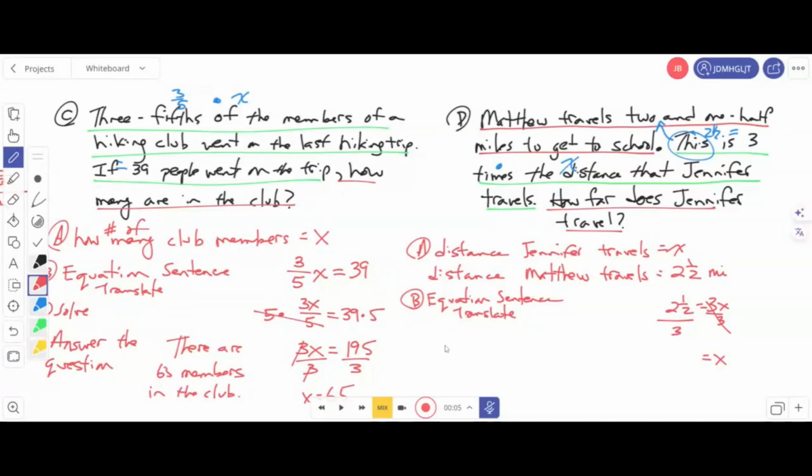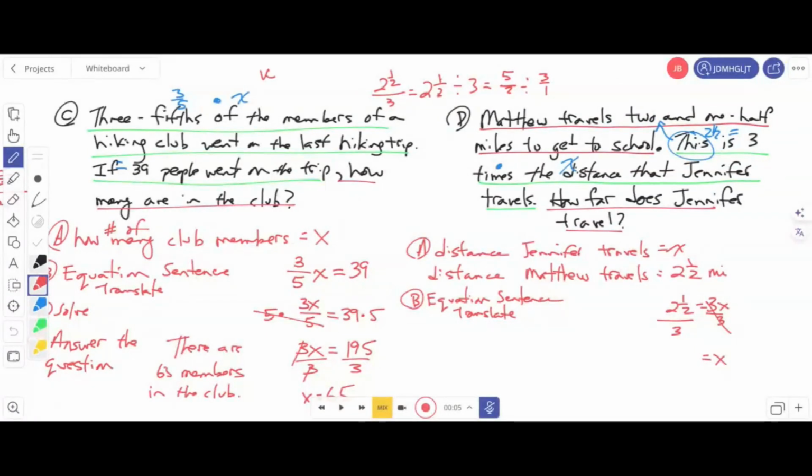I can either do that arithmetic, or since we're dividing fractions or mixed numbers, we have to change this to an improper fraction. 2 times 2 is 4 plus 1 is 5 halves divided by 3 over 1.